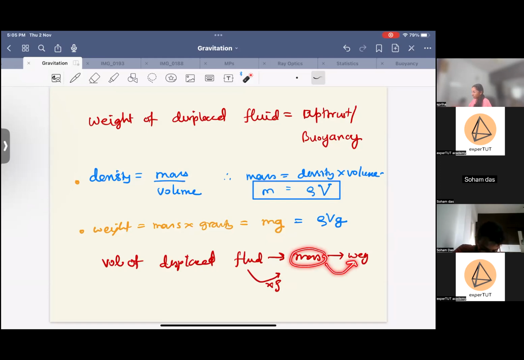How do you go from mass to weight? You multiply by gravity. So first comes V, then m, then W. Understood? Write this down.